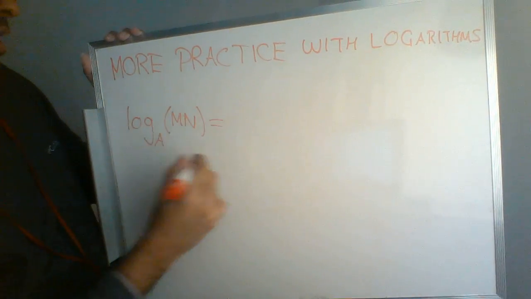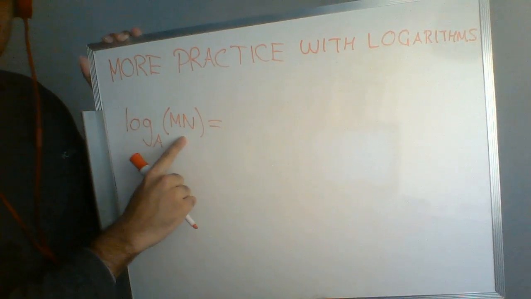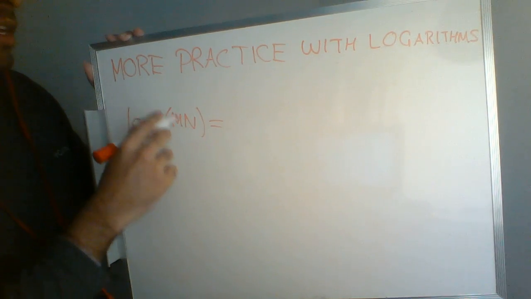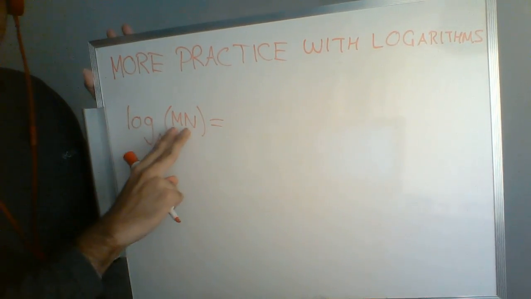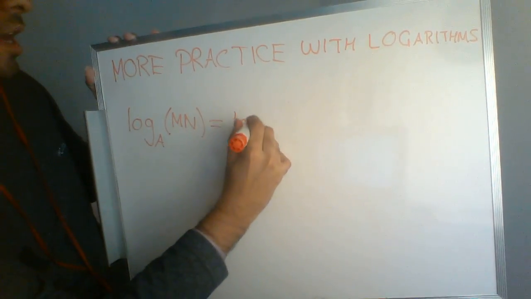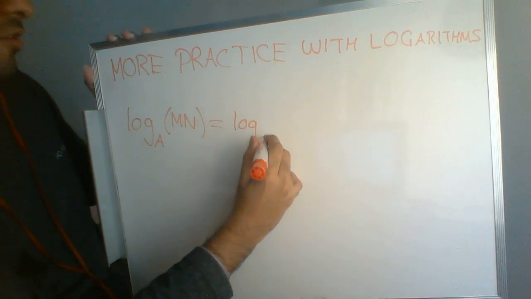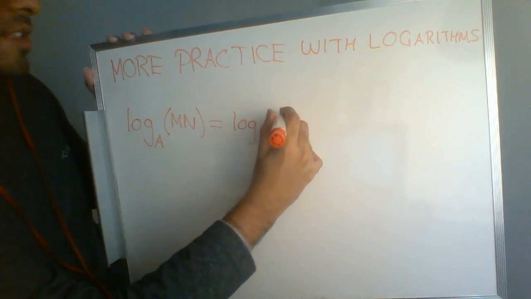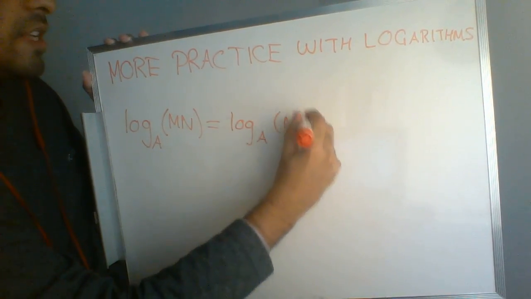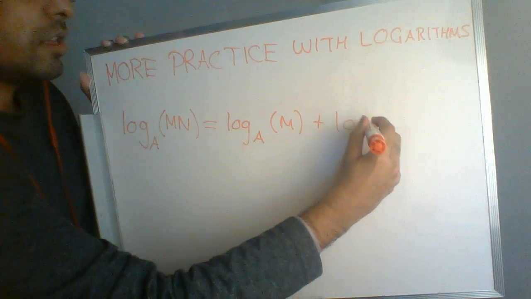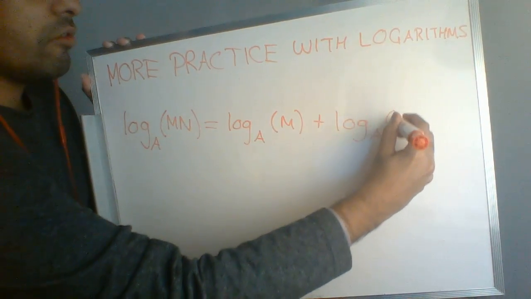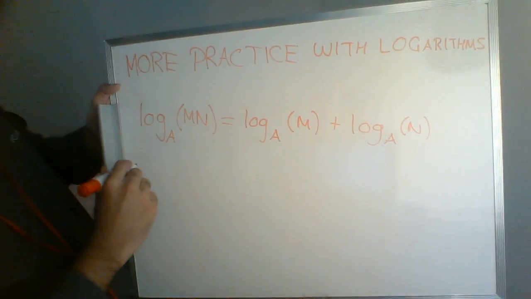If we've got m, n right beside each other without any symbol in between, it means they're being multiplied together. So log base a of m times n is the same as log base a of m plus log base a of n. That's the first rule.